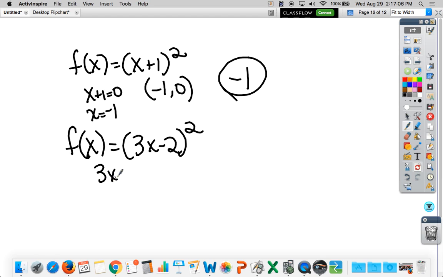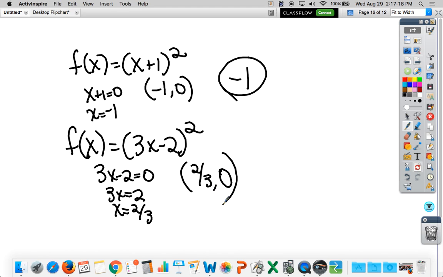You take this out, set it equal to 0. So my vertex is 2/3, comma, 0. So what's the lowest possible value of k? 2/3. It's not meant to be tricky, but if you don't understand what you're reading.